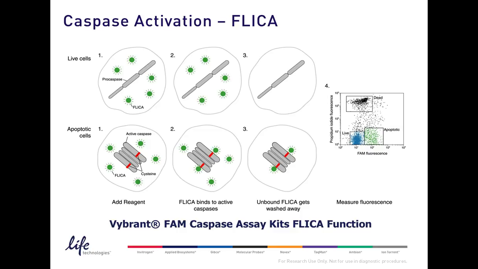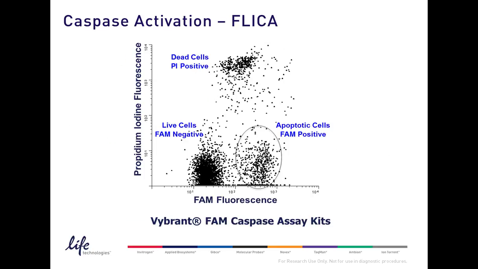These are part of our Vybrant FAM caspase kits, and these are particularly useful for flow cytometry. They do work in imaging, but they're primarily used for flow cytometry. And again, we can pick up this FAM positive but propidium iodide negative population, which is a truly early apoptotic population.